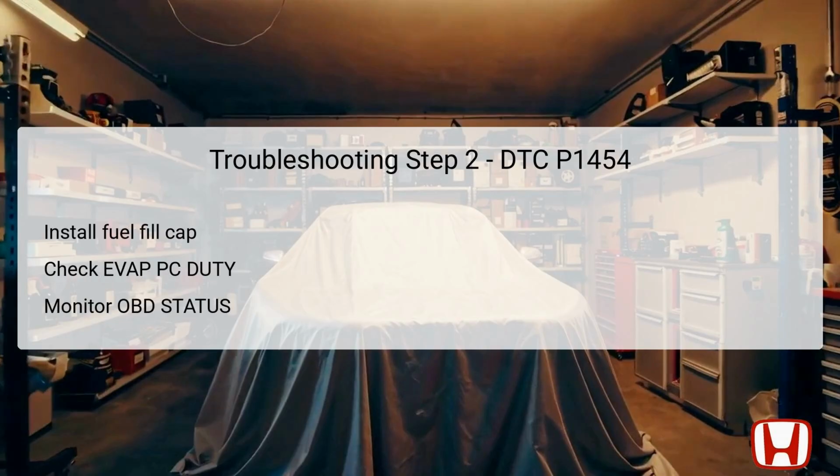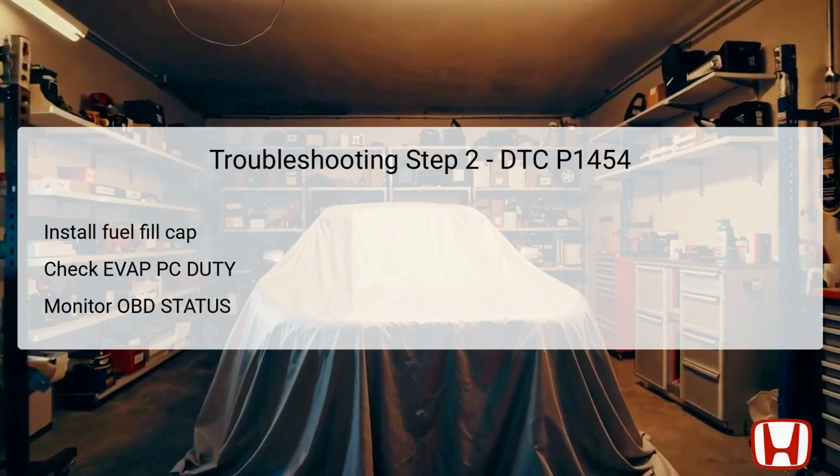In the second step, the focus shifts to verifying the problem through additional diagnostics. First, install the fuel fill cap securely. A loose or improperly sealed cap can mimic FTP sensor issues. Clear the DTC again with the HDS and start the engine, allowing it to idle without load until the radiator fan activates.